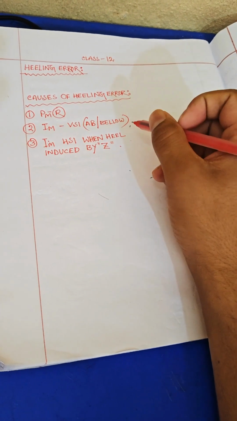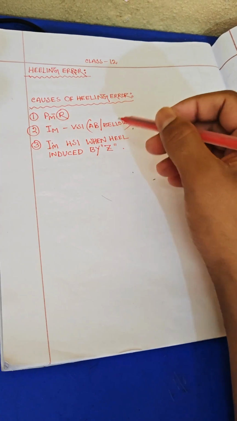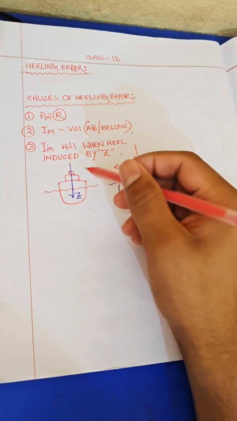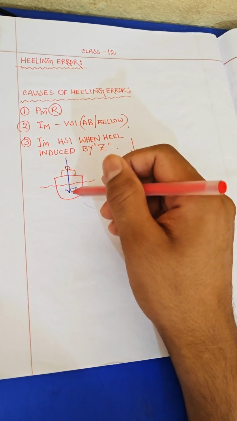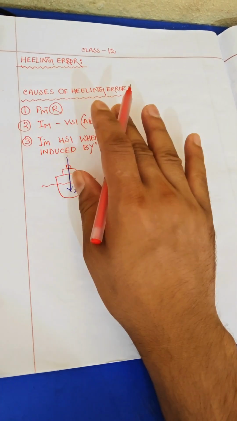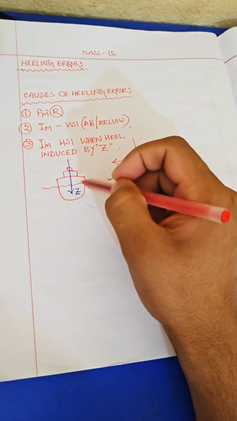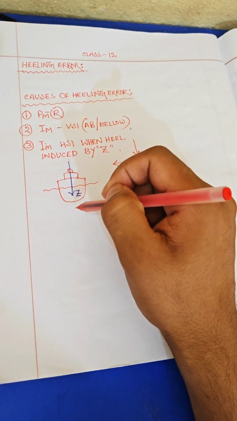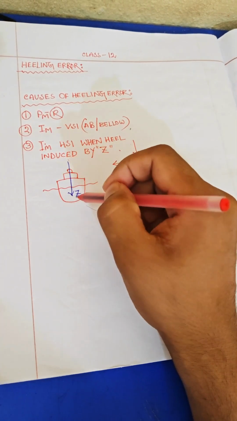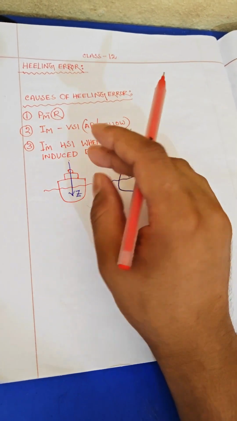So ultimately this is the heeling error for the J coefficient. Viewers, you see when a vessel is in upright condition, there is no heel, no list, so this Z force acts vertically downwards. So there will be no effect when the vessel is upright.